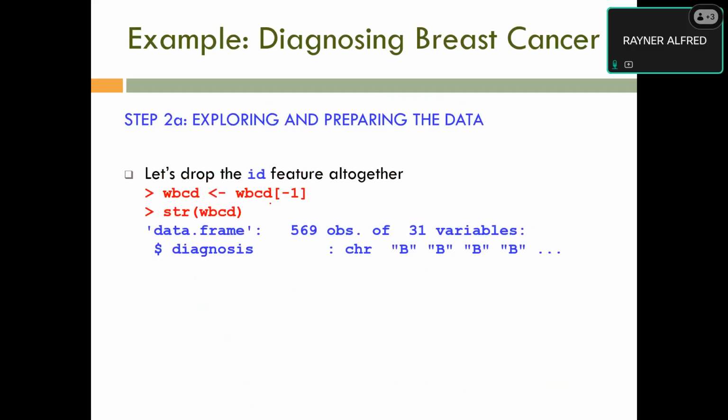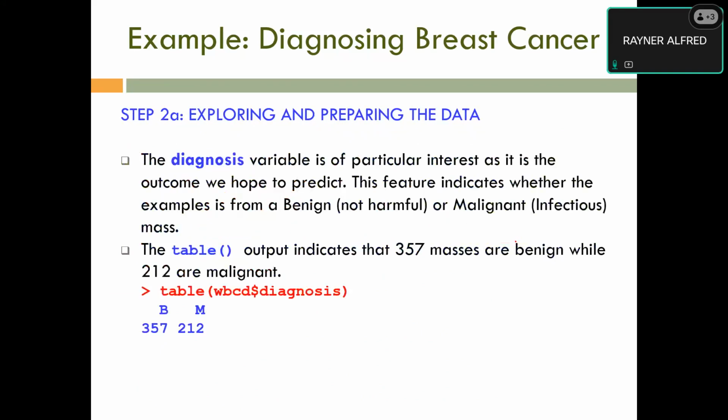So we update our data by removing column number 1. Now we only have 31 variables, not 32. Now we can also look at the table for the diagnosis. We have benign and malignant, with these numbers.